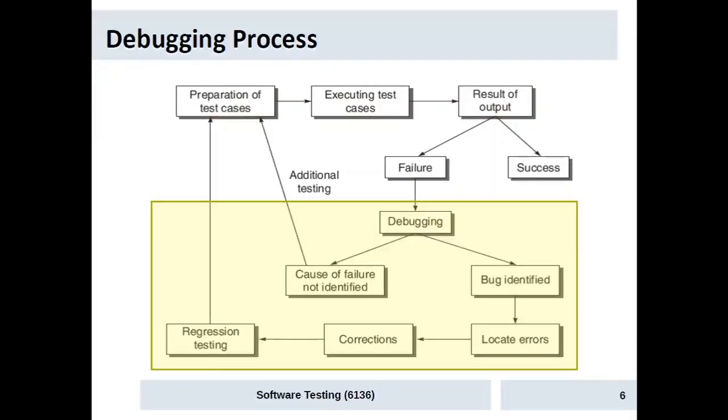So it starts with the preparation of test cases. The testing team prepares the test cases, then they execute the test cases. These test cases are executed on the software, and they will verify the result. If the output matches the expected output, that means the test results are successful.